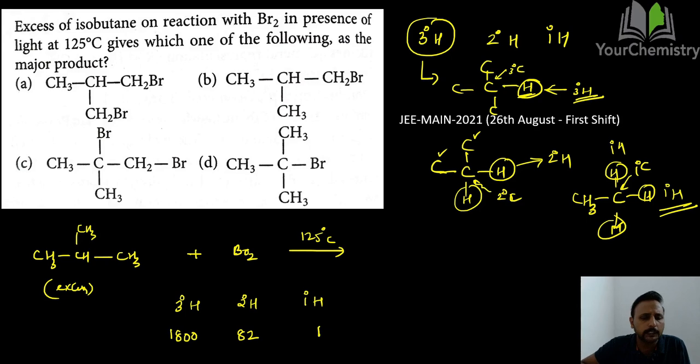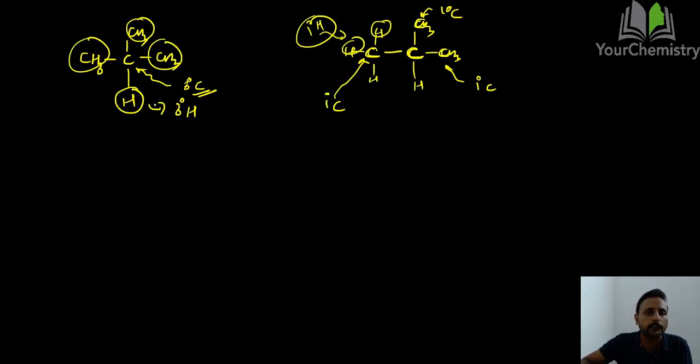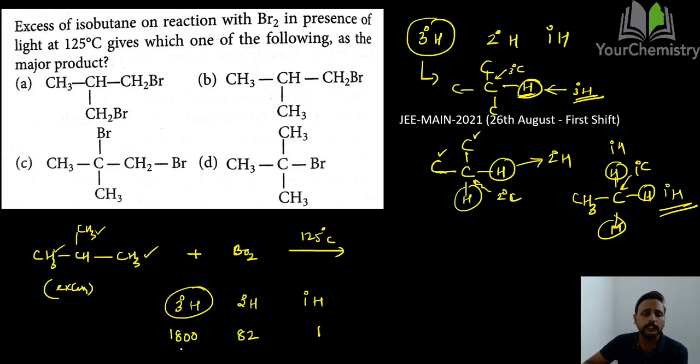The reactivity of tertiary hydrogen is 1800 times that of a primary hydrogen. So out of these 9 primary hydrogens, it is going to prefer this only one tertiary hydrogen, because the rate of reaction is that many times faster with the tertiary hydrogen.